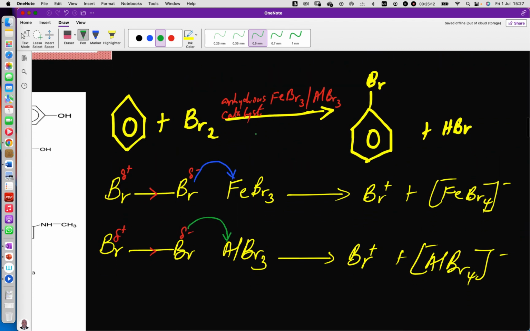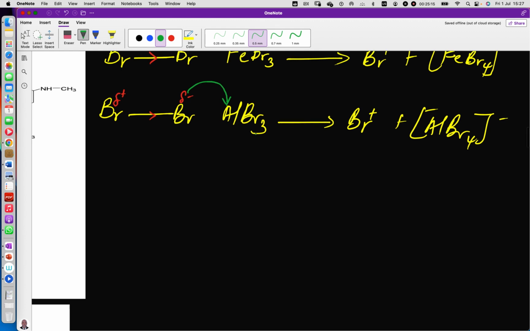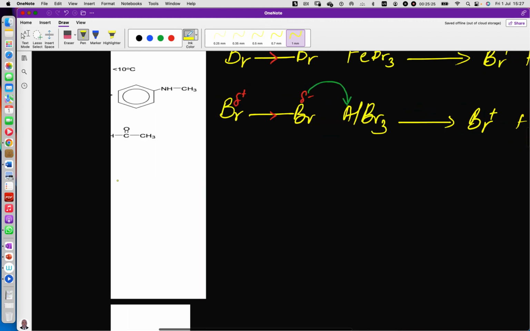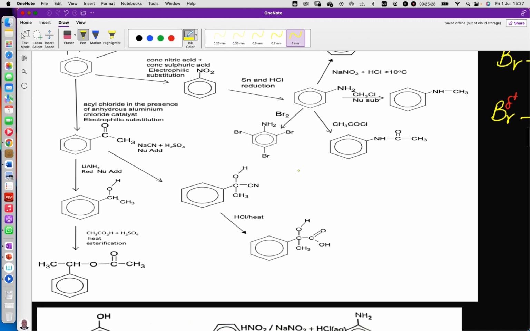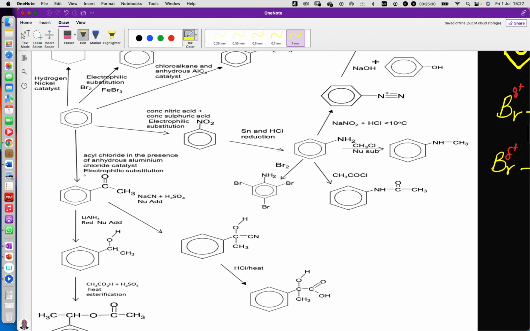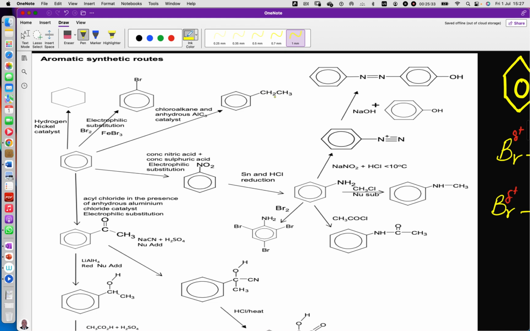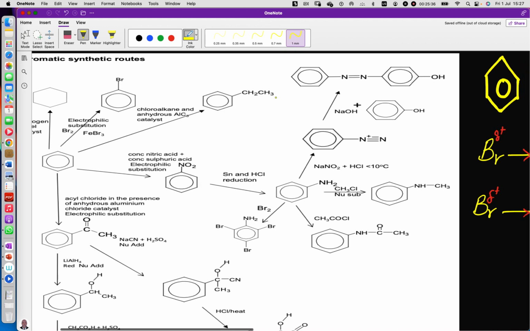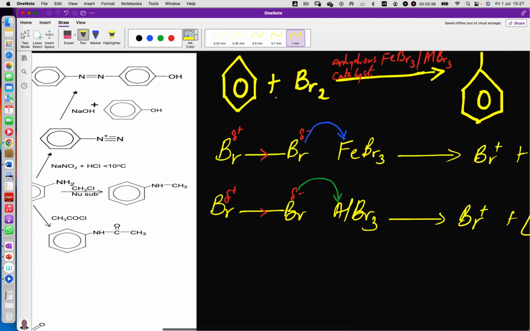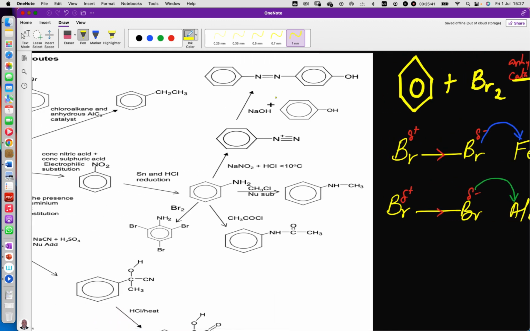Okay, this is ethyl benzene. Now we usually use a halogenoalkane, especially a chloroalkane.